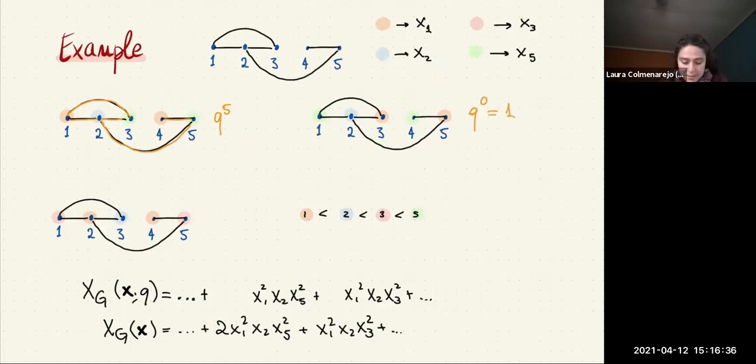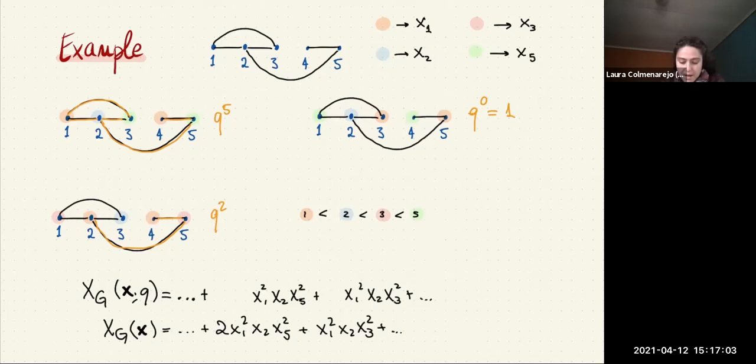And in the last example here, the color pink is larger than the orange, but is also larger than the blue, so this one is not counting. But now the orange one is smaller than all the other ones, so here I'm going to have 1 and 2. So these are counted by q squared.